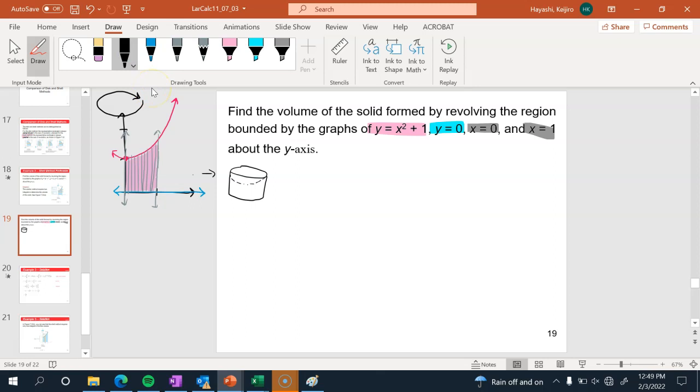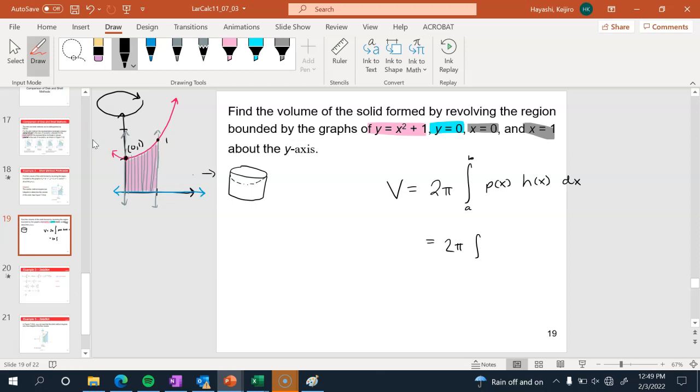So with the vertical, right, because these slices are parallel to the axis of rotation. So again, V equals 2 pi times the integral from a to b of the radius times the height dx. Two pi times, and through either graphing or setting curves equal to each other, you can find that this is (0, 1).